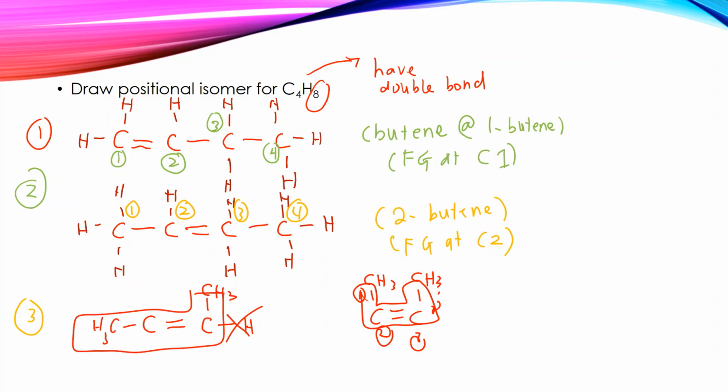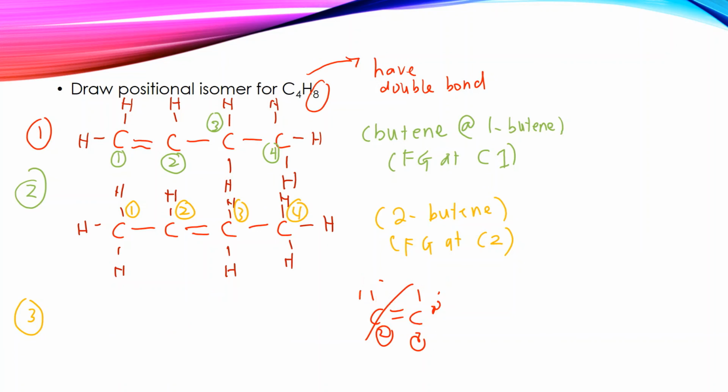Sama saja dengan number 2 punya lukisan. So I don't think this one I able to shorten the length. Okay, so untuk positional isomers, okay, kedudukan positional of the functional group double bond, so you hanya ada 2 isomers, which is 1-butene and also 2-butene.